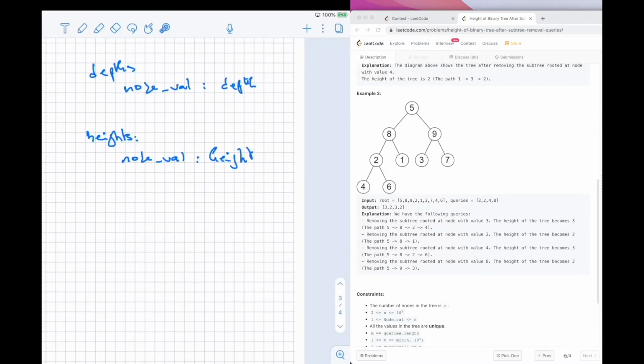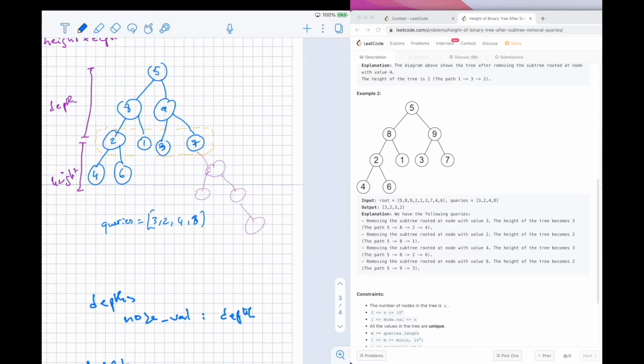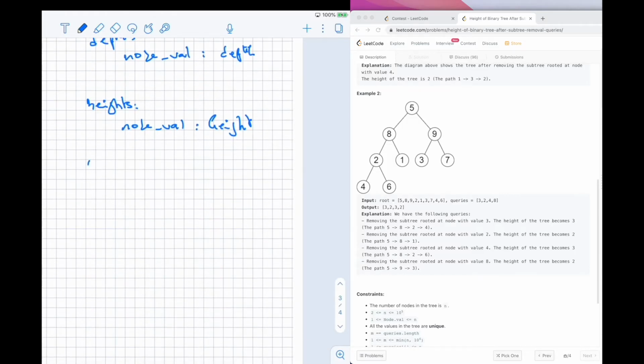So for each node, we need to get the adjacent ones. Let's call them levels. So levels would have the depth itself as the key and the nodes that are in that level as the value.